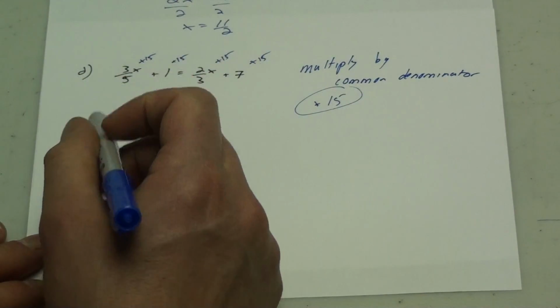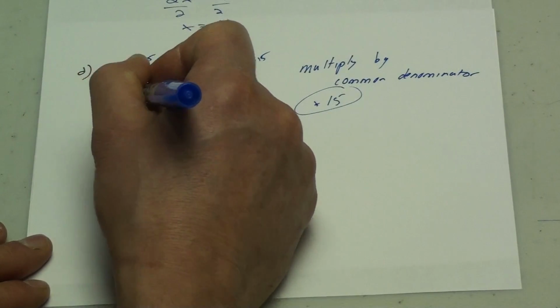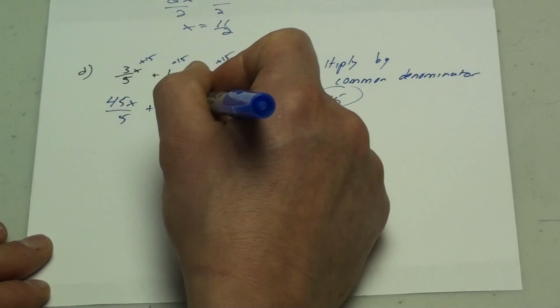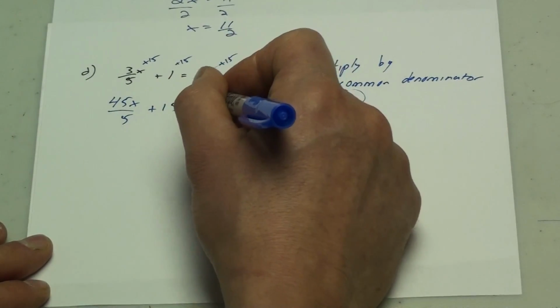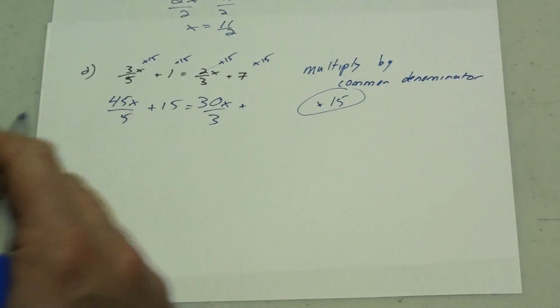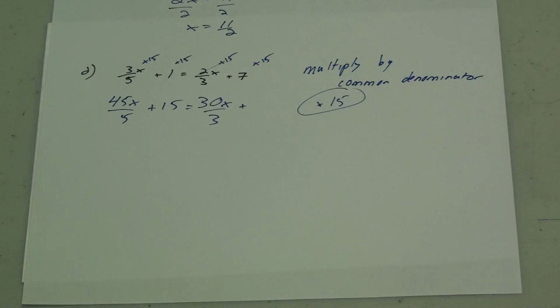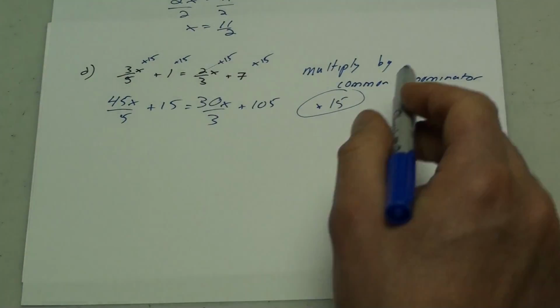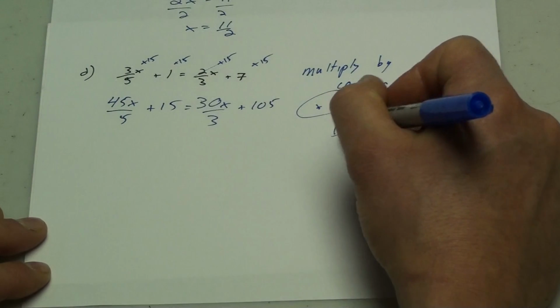When I multiply, it's really just the tops that get multiplied. So I want 45x over 5 plus 15 equals, multiplied by 15, 30x divided by 3 plus, and then 7 times 15, which is 105. When I multiply by a common denominator, then I can divide.